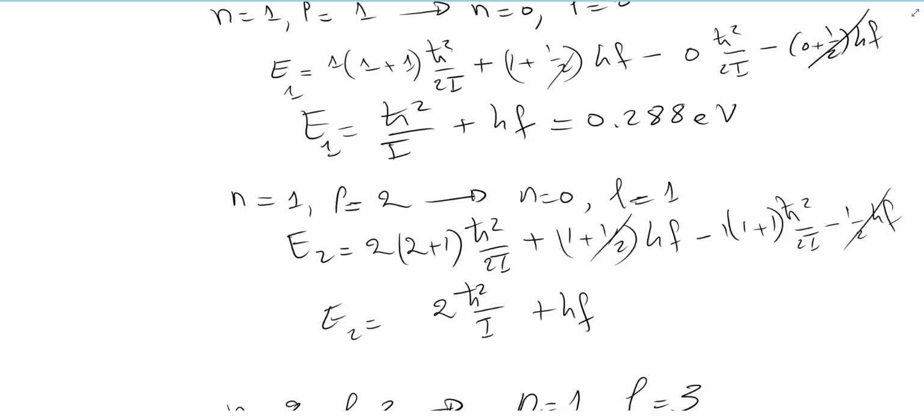It's 0.289. Not much difference between the two. I guess we have to be very careful with these numbers because they are very close to one another. 0.28990, and the first one was 0.28827 electron volts.